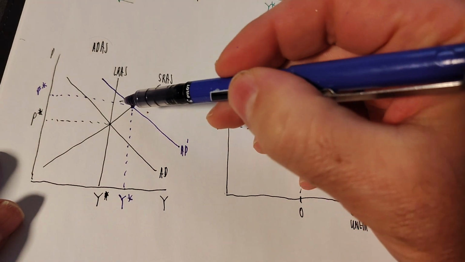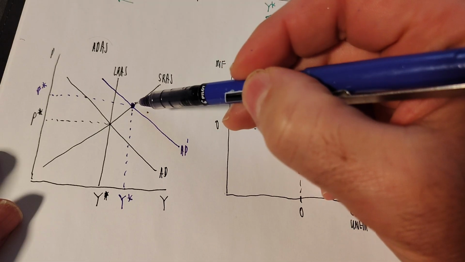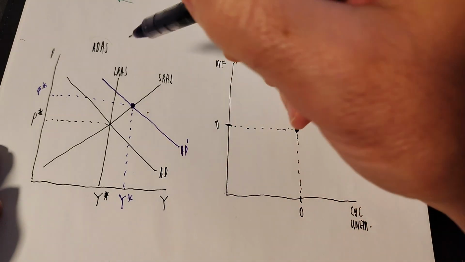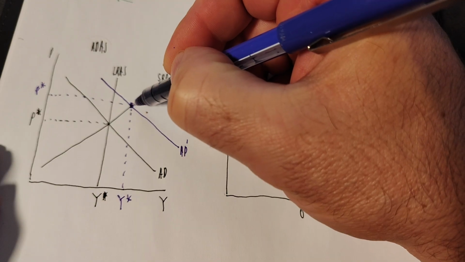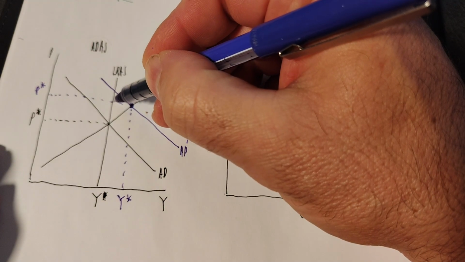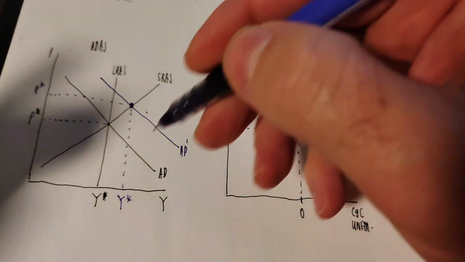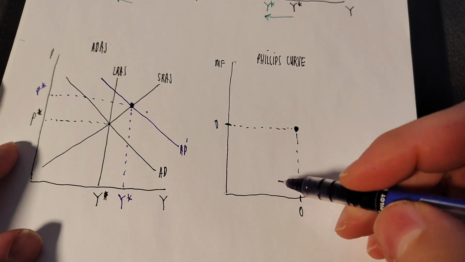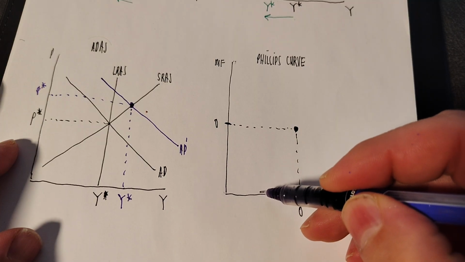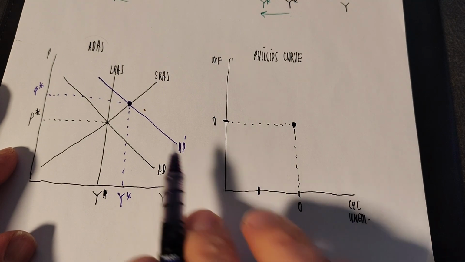So what type of cyclical unemployment is this consistent with? Because we're producing at a level of output to the right of potential GDP, which is the long-run aggregate supply curve, cyclical unemployment is going to be less than 0. Okay? And so that's going to be a point on the Phillips curve that's somewhere around here. All right? Cyclical unemployment less than 0.